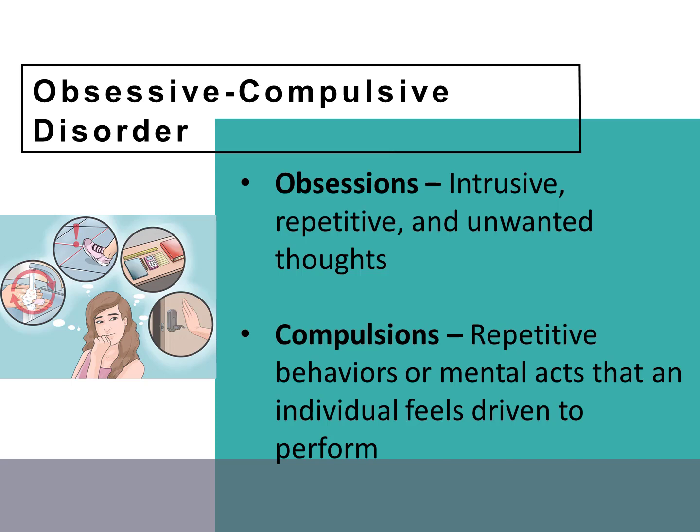So, for instance, a fairly common one is hand washing OCD, where an individual feels like their hands are dirty, their hands have bacteria on them, and that thought causes them some anxiety: oh my god, my hands feel dirty, there's dirt, there's bacteria, they're crawling with things. The only way they can get rid of that anxiety is by performing the compulsion, which is washing their hands. And then once they wash their hands, that anxiety goes away.